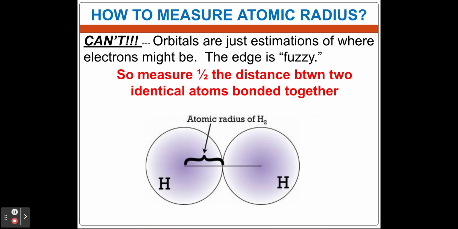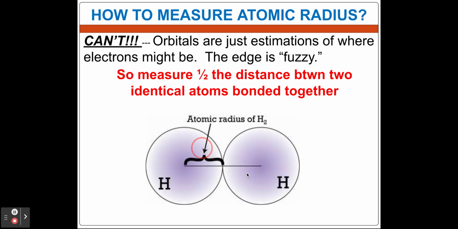However, we can't do that. Orbitals are just estimations of where electrons might be, so there's no definitive end or edge of an orbital. The edge is fuzzy. So what we do is we measure half the distance between two identical atoms bonded together.